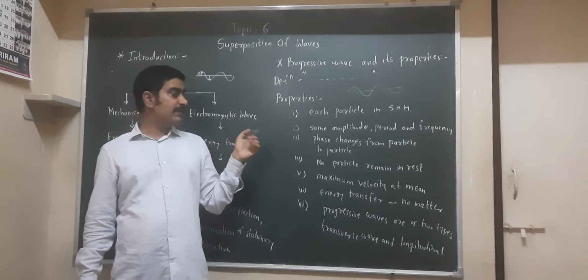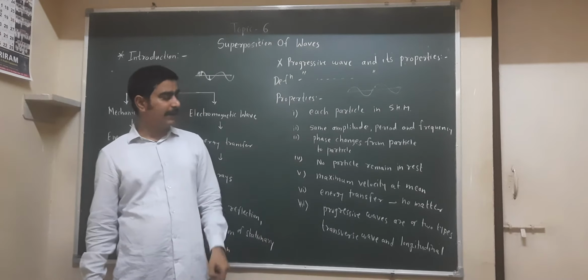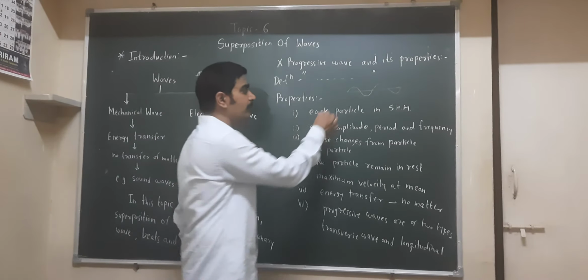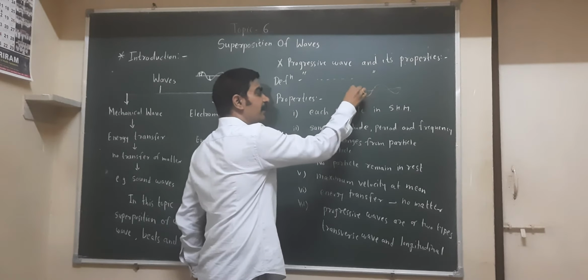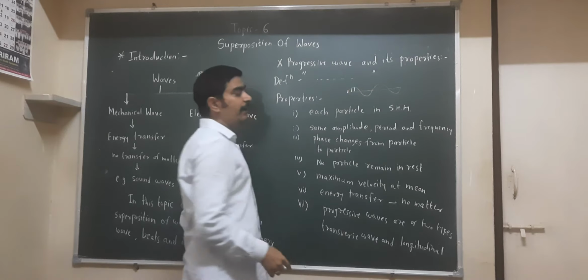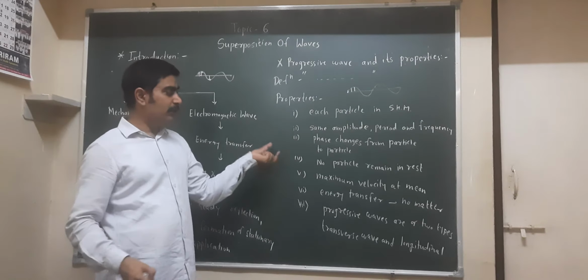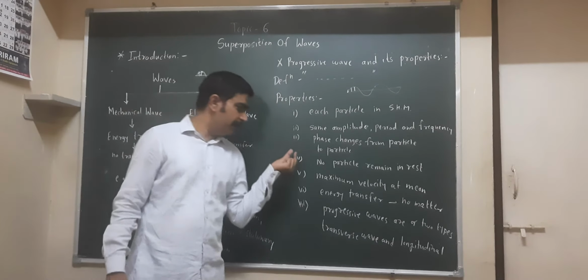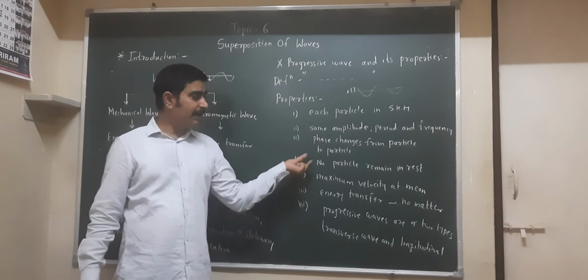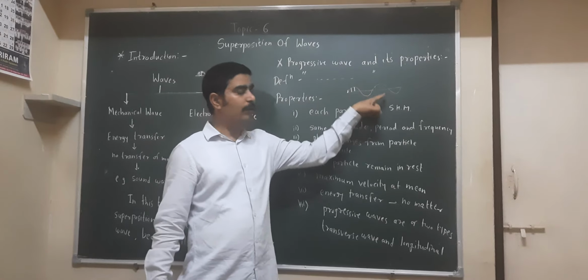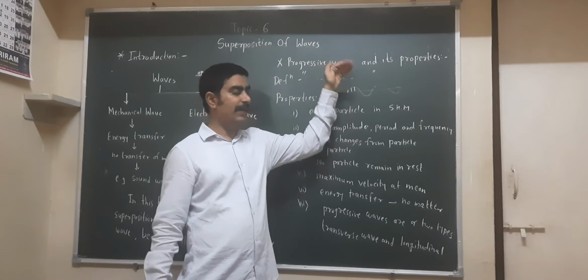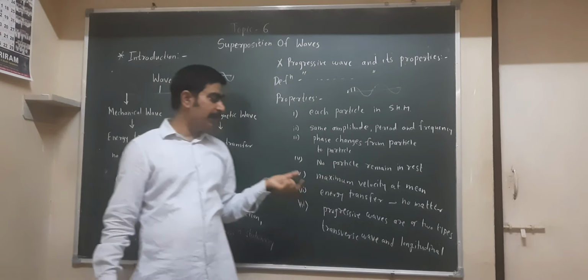Next, the phase changes from particle to particle. Here you can observe I have taken the sine wave, and at every point there is a phase change. That is the third property. Fourth property: no particle remains at rest. At every point the particle will be in motion, whether in the upward direction or in the downward direction.